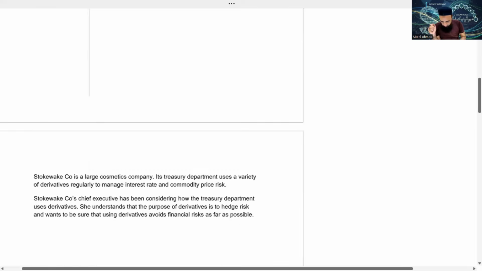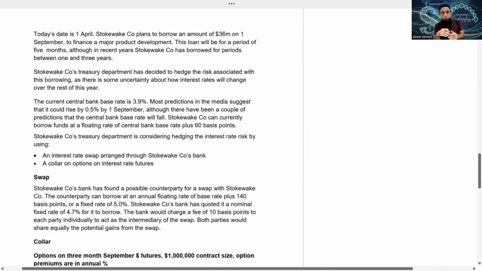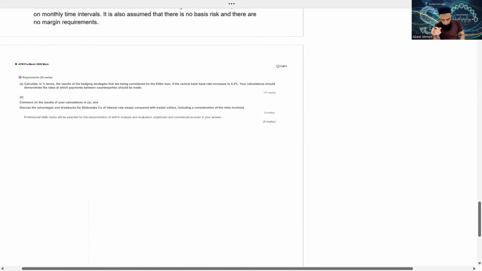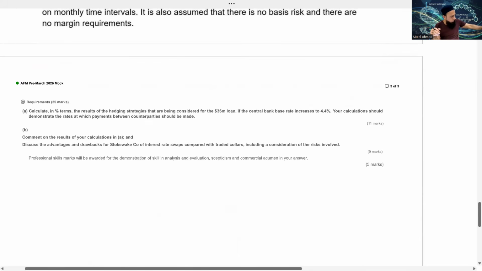Okay, let's read the requirements. And students, don't forget, question 1 of the pre-seen mock March 26, we have done way back. Let's read the requirements. Calculator: obviously, you people will be solving on a spreadsheet, you don't need a calculator.